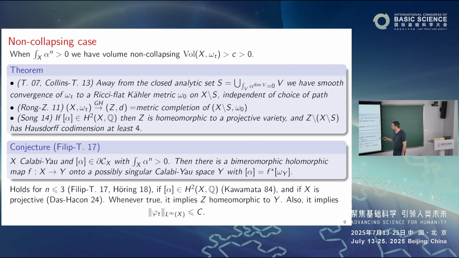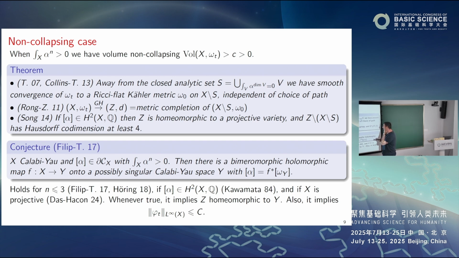And Jian Song proved that if the limiting class is rational, so that's the extra assumption, then this limiting metric space is homeomorphic to actually a projective variety. So it has a complex structure in some sense. And also, when you do this completion, you complete it by adding some stuff. The stuff that you add has Hausdorff codimension at least 4. So you add some very small stuff.